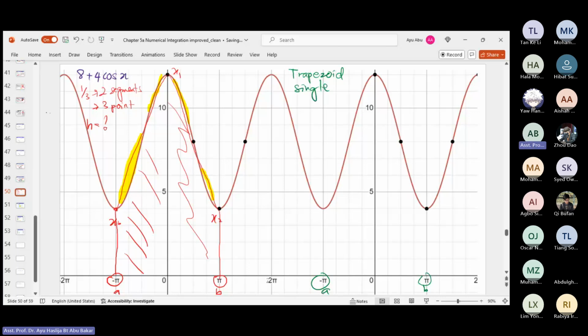I want to show the difference. So single only A to B. The area under the curve that you will cover is only this part. Notice how big the error is. This is the error.